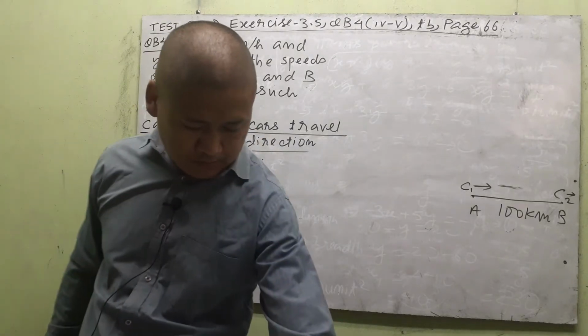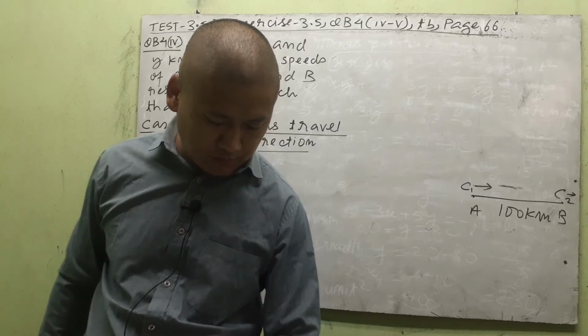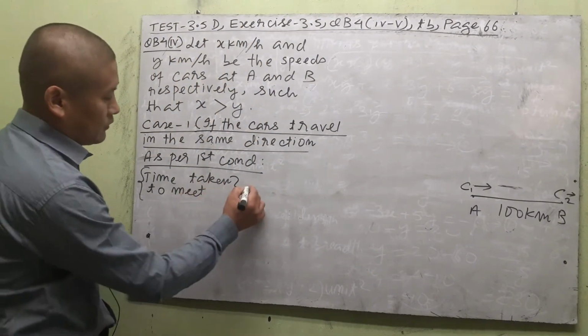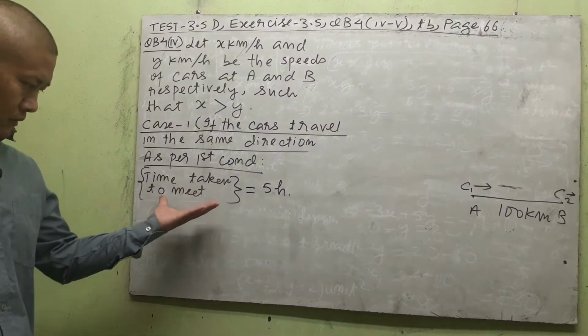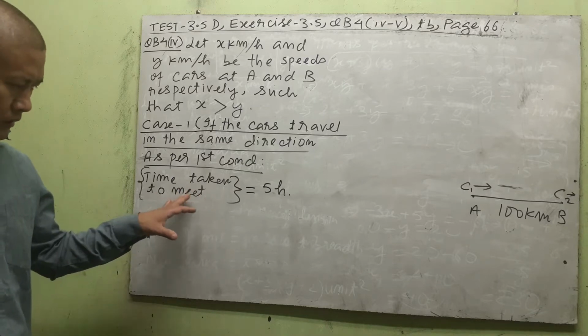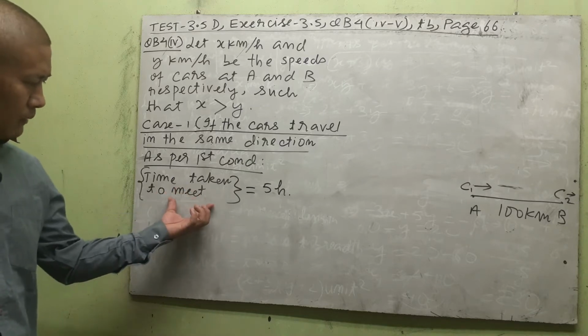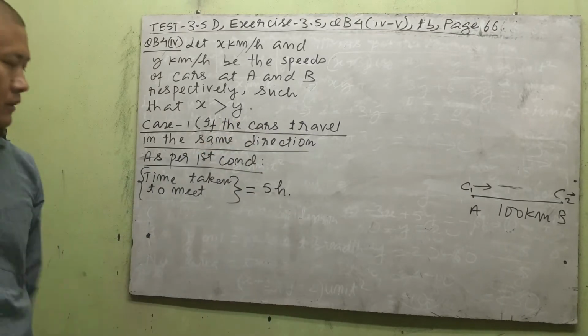So they meet, time taken to meet is 5 hours. So after 5 hours they meet. This is not us putting, but from the question, exact condition of the question, we get this. Time taken for the two cars to meet is 5 hours when they travel in the same direction.